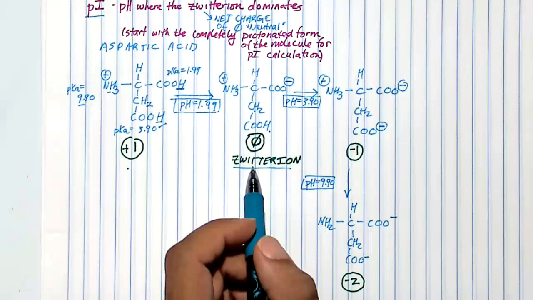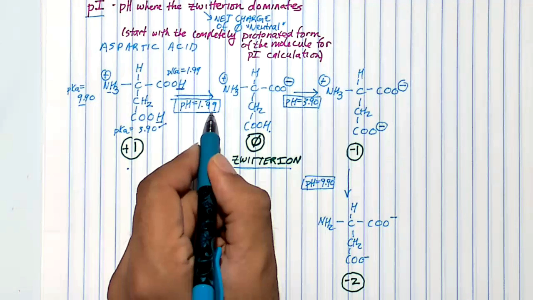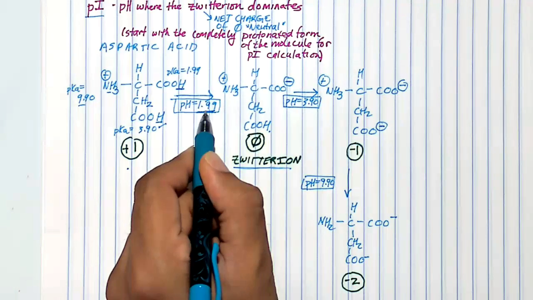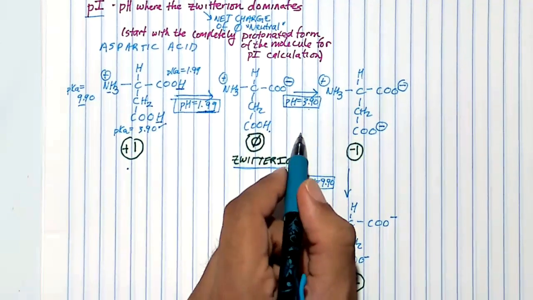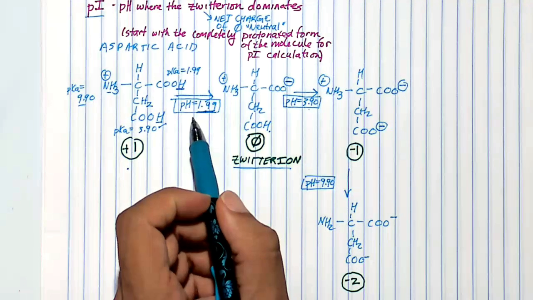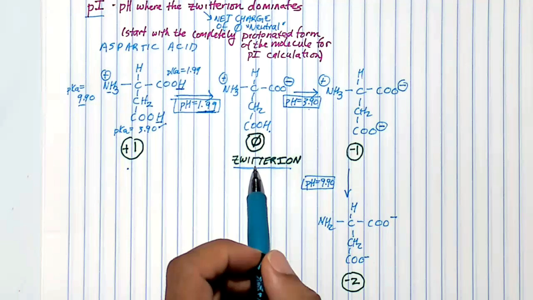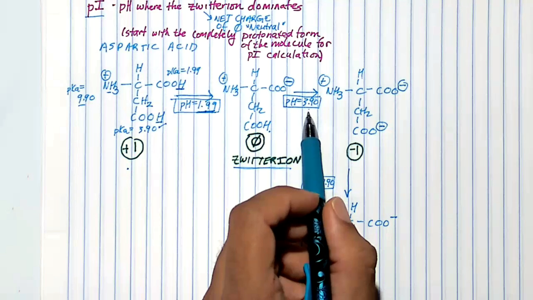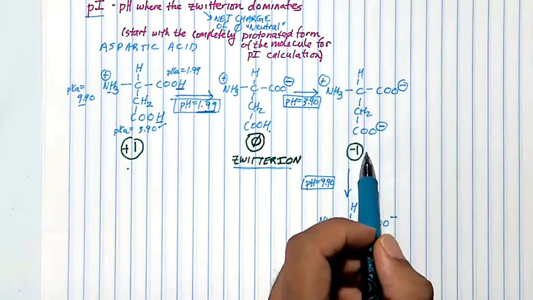Well, where does it dominate? 50% of it dominates when you have a pH of 1.99, and 50% of it dominates when you have a pH of 3.90, remember? At 1.99, you have 50% this and 50% zwitterion. At 3.90 pH, you have 50% zwitterion and 50% this form.